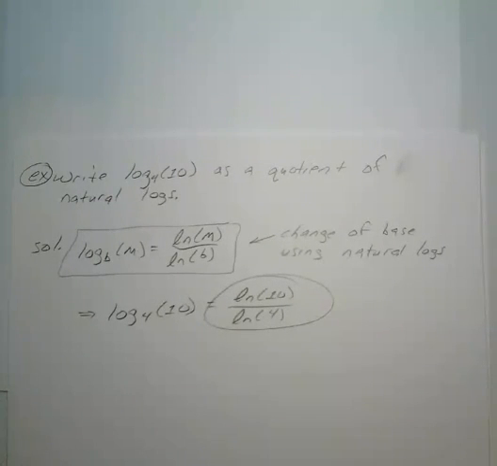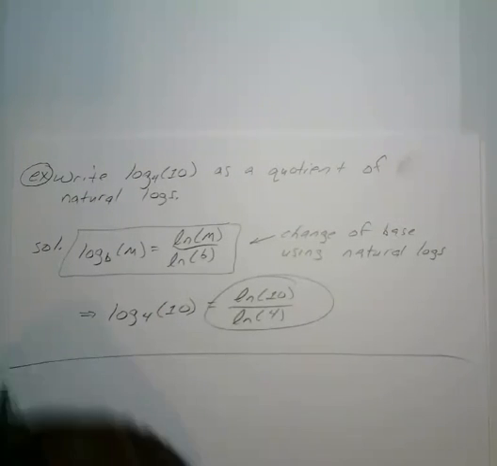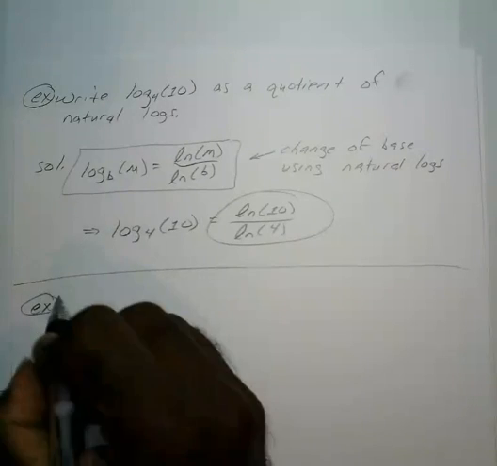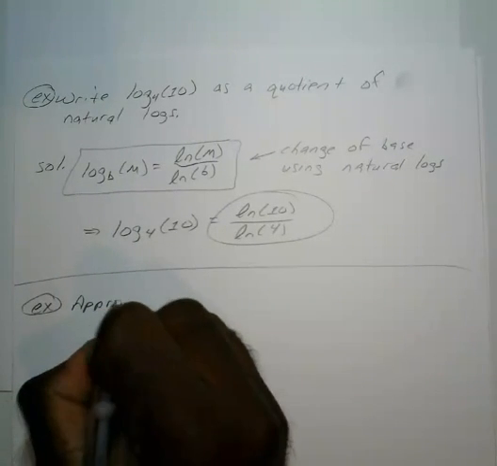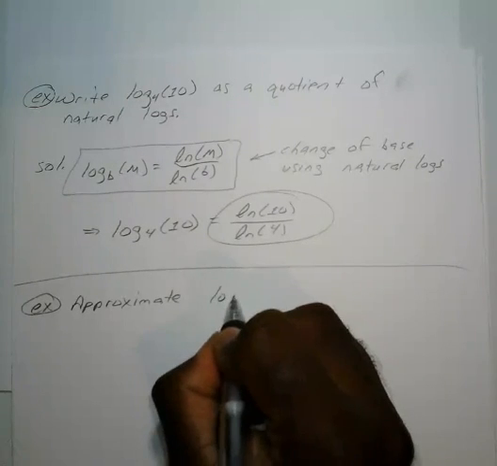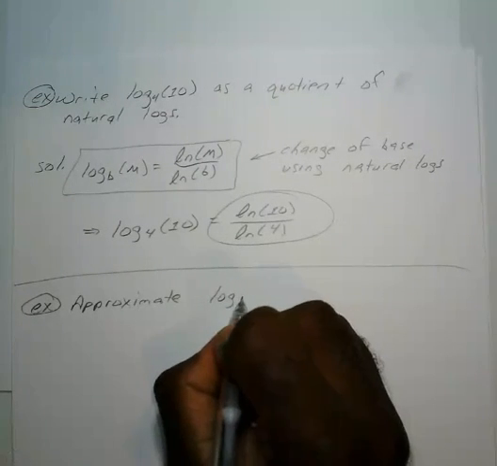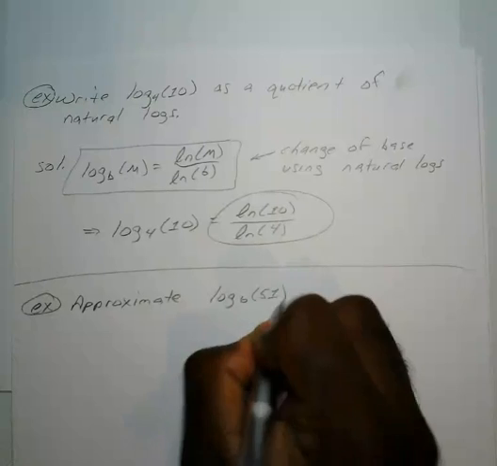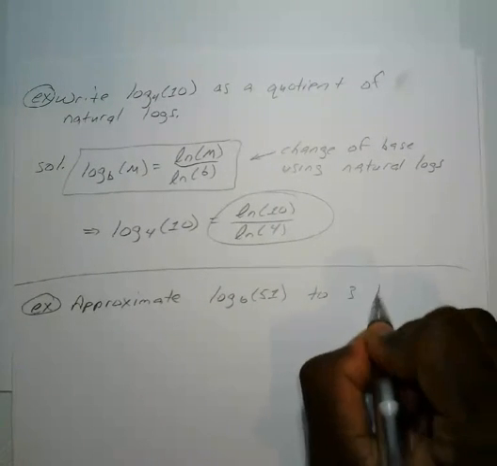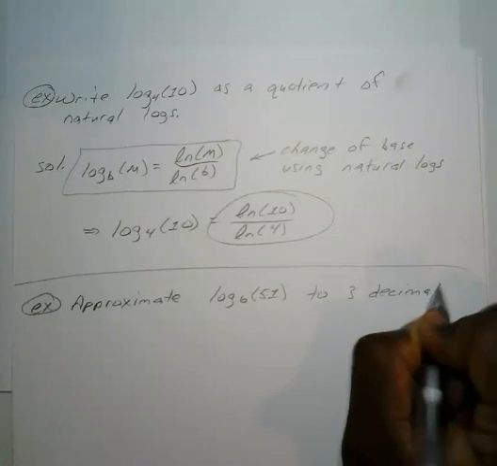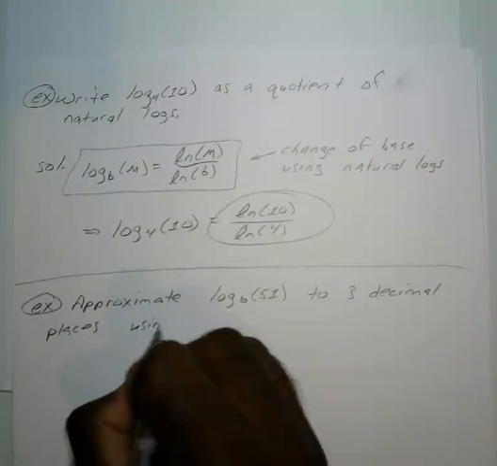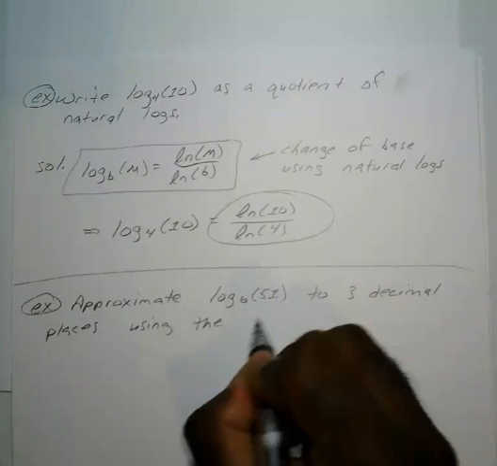All right, let's do one more. Let's say we wanted to approximate log base 6 of 51 to 3 decimal places using the change of base formula.